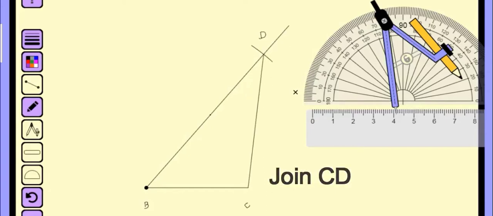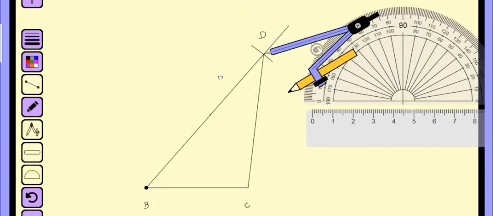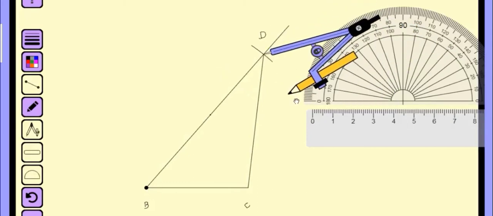After joining the points C and D, all of you know how to copy the angle. Whatever angle is formed at point D, you have to copy at point C. Now how to copy it?